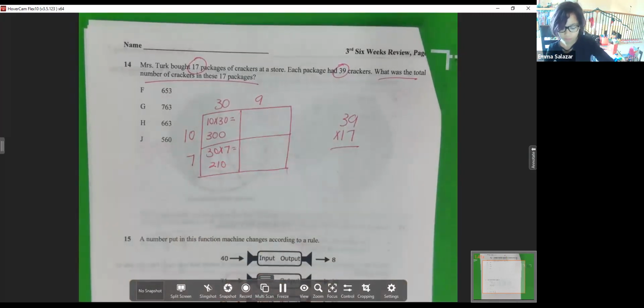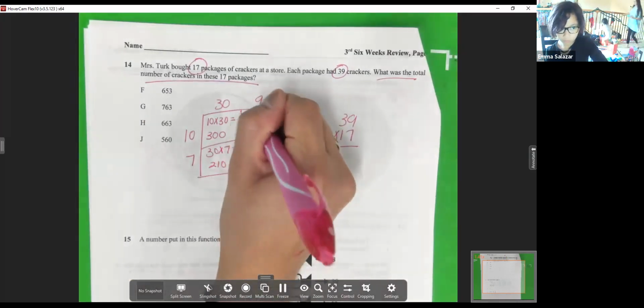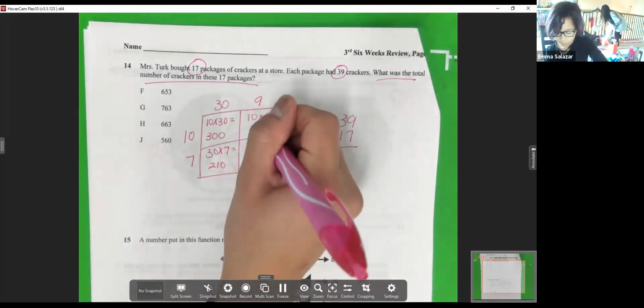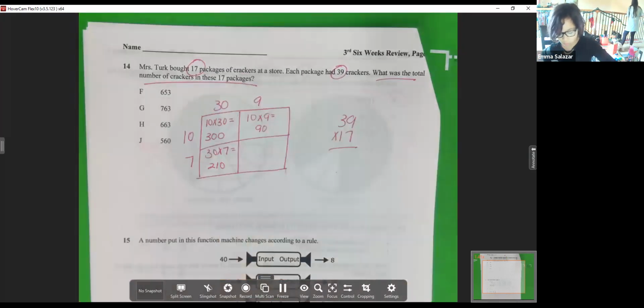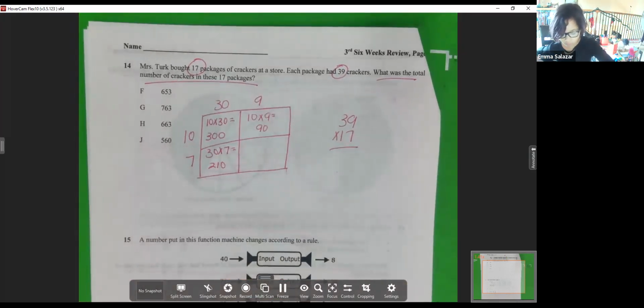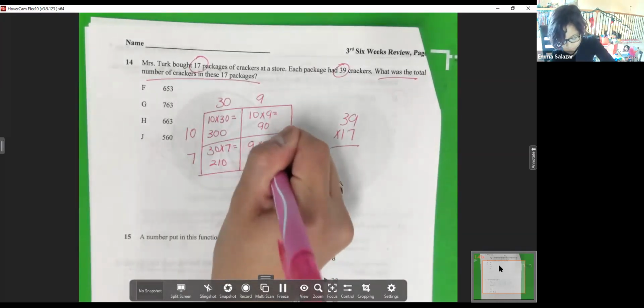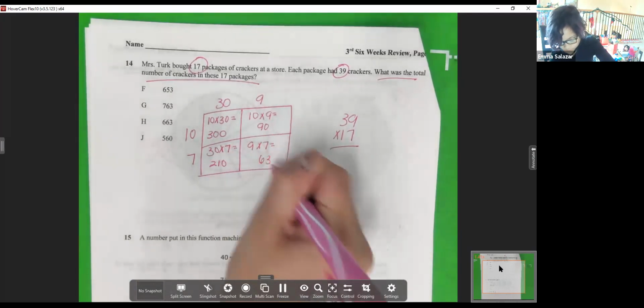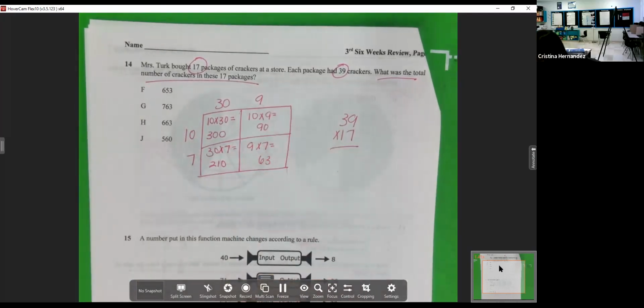And then the next one is 10 times 9, and that's 90. And the last one, 7 times 9, and that's 63. 9 times 7, yes, equals 63. What do we do with all these numbers?